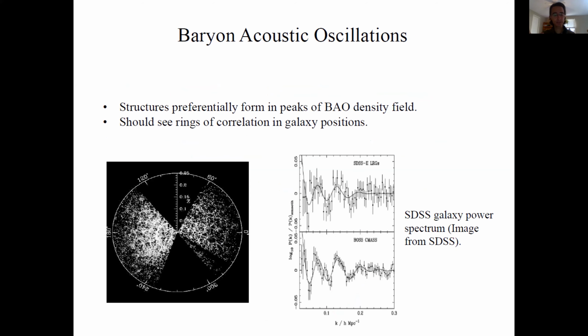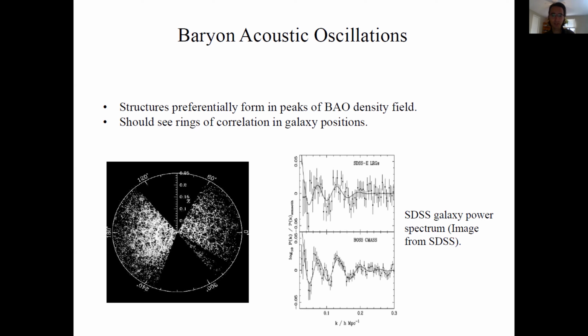And then once you have this frozen-in density structure, further structure growth tends to preferentially happen at the overdense places. So things want to collapse more towards there. So you should see a distinct correlation pattern in the location of structure on large scales. And this has actually already been seen for quite a while.